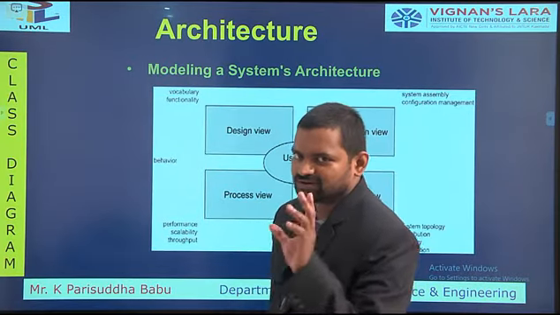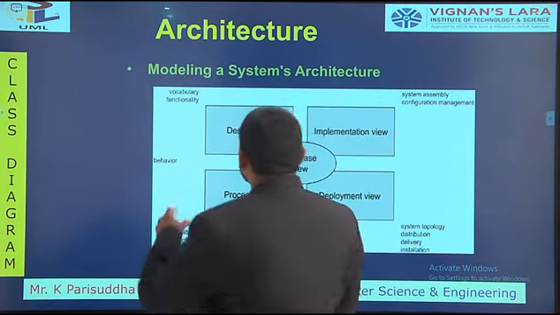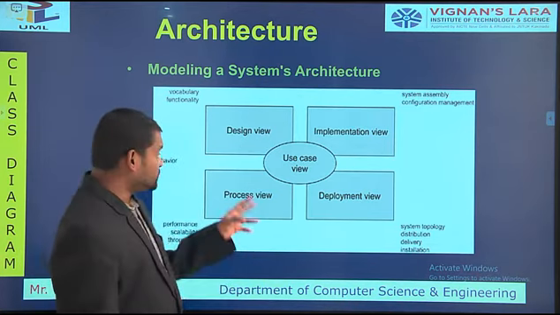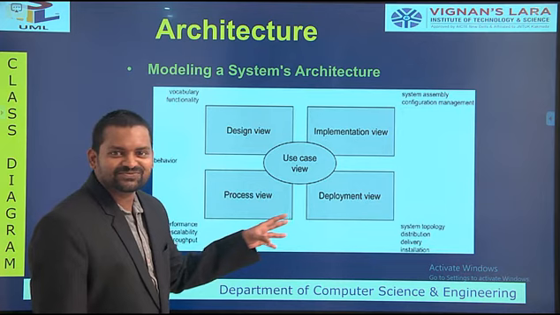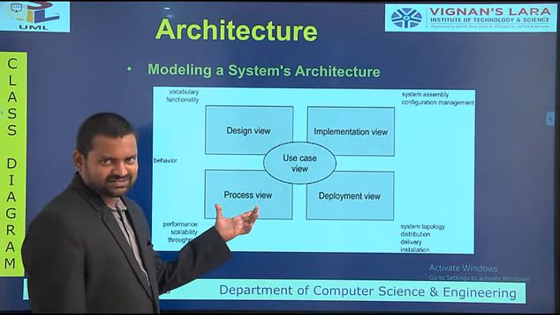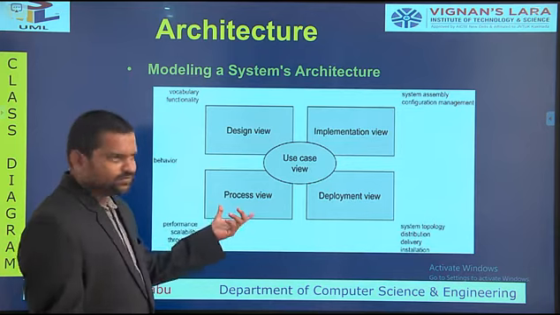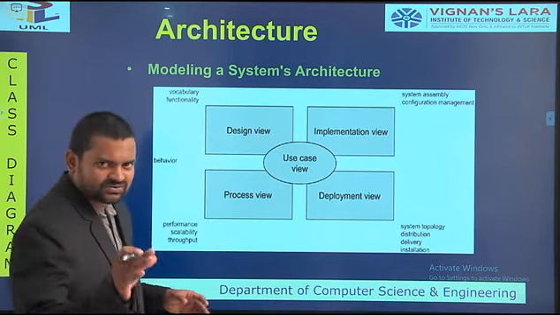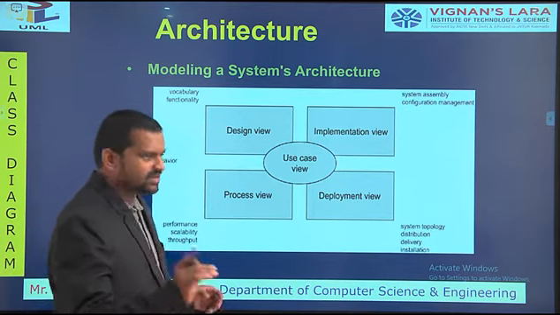In the previous class, we saw the architecture of the UML. Among all 5 views, we forgot to explain one view. Let us see an overall description of all the views in a quick way.